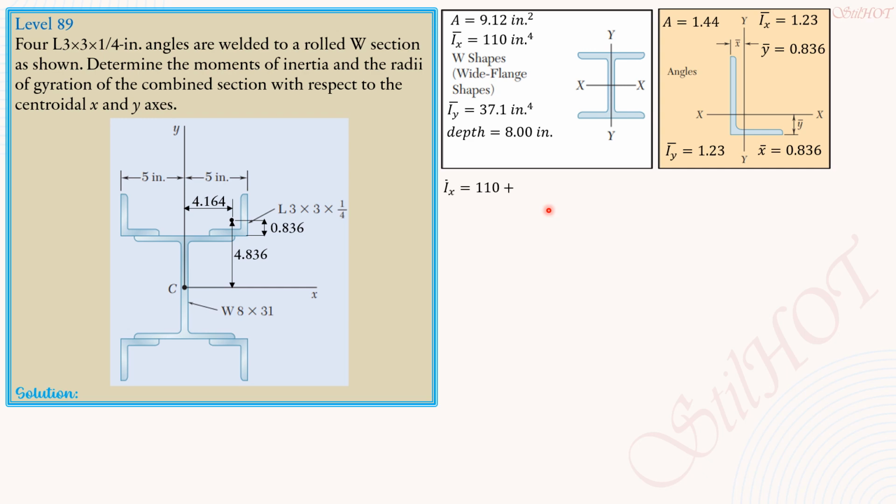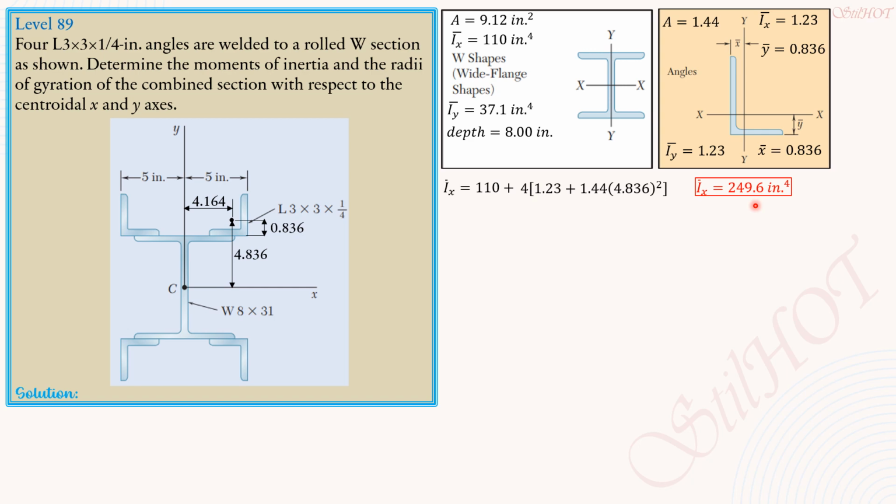So I barred x equals Ix of the wide flange, which is 110, plus 4 times quantity I barred x of each angle, 1.23, plus area 1.44, distance 4.836 quantity square. So I barred x therefore is equal to 249.6 square inches.